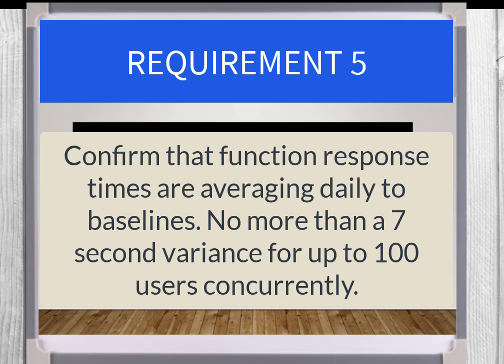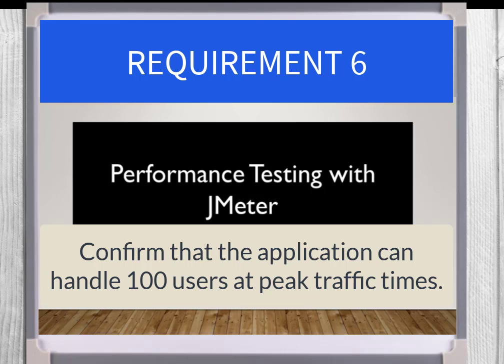Requirement number 5. Confirm that function response times are averaging daily to baselines, no more than 7-second variance for up to 100 users concurrently. Requirement number 6. Confirm that the application can handle 100 users at peak traffic times. Requirement number 7.